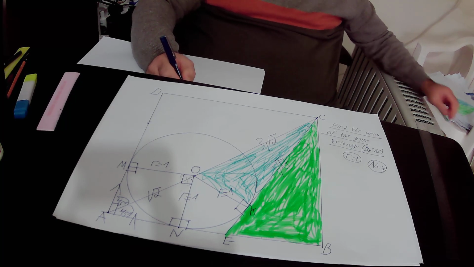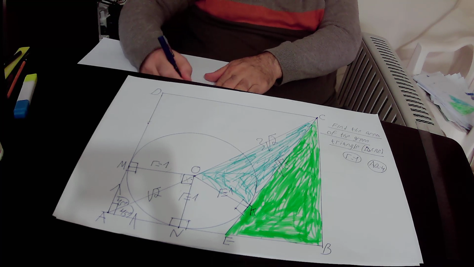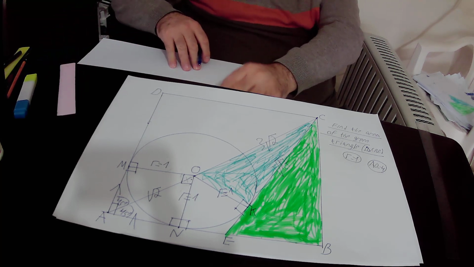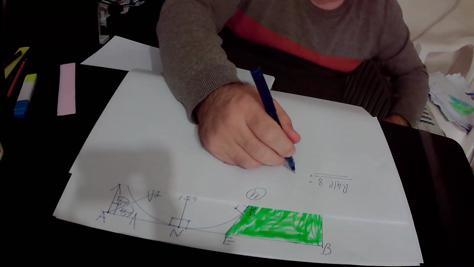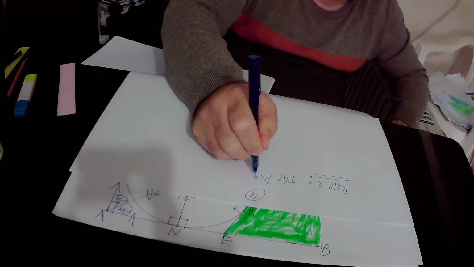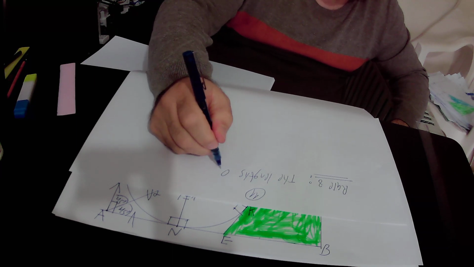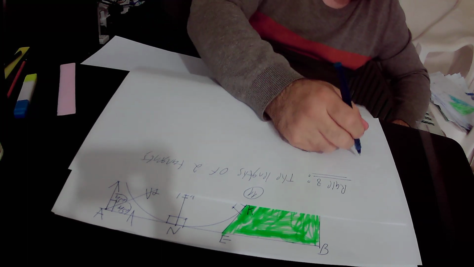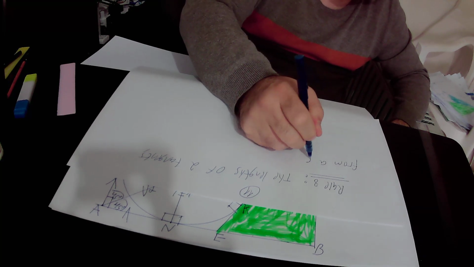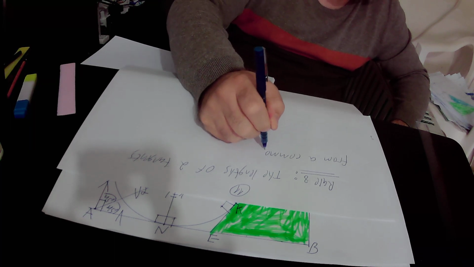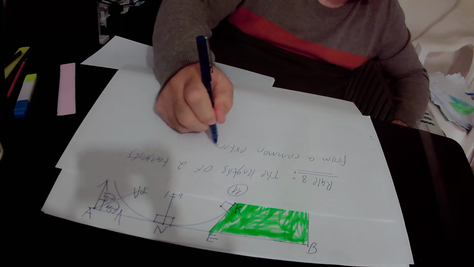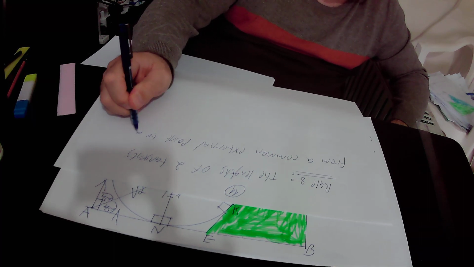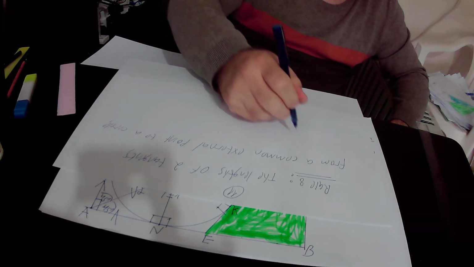According to rule number 8, the lengths of two tangents from a common external point to a circle are equal.